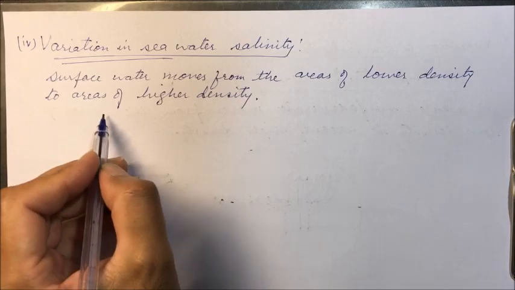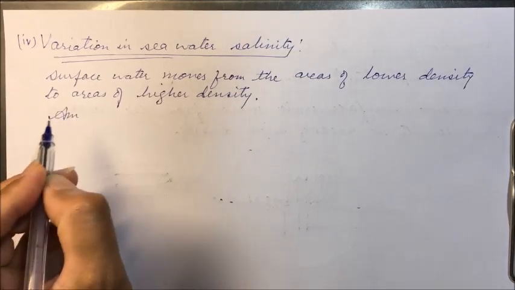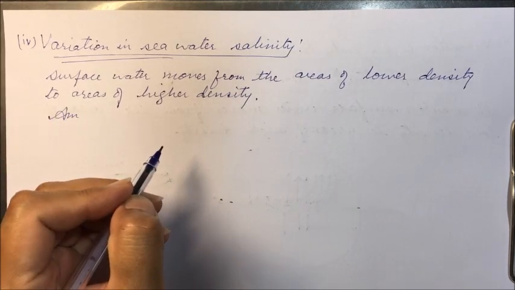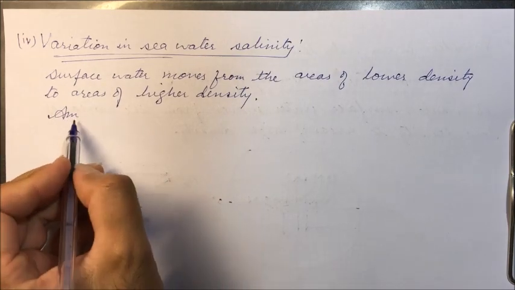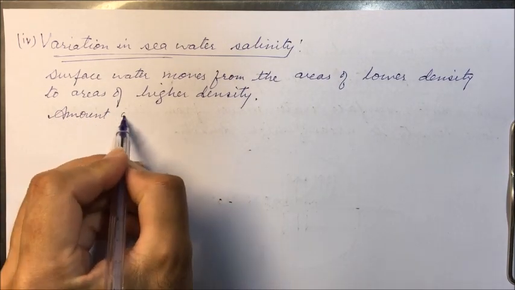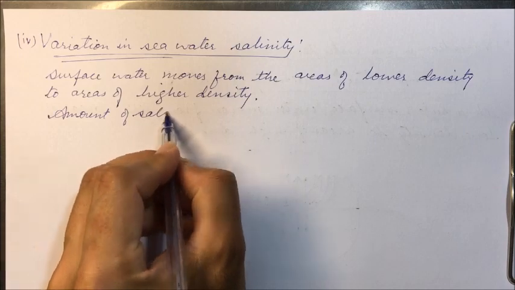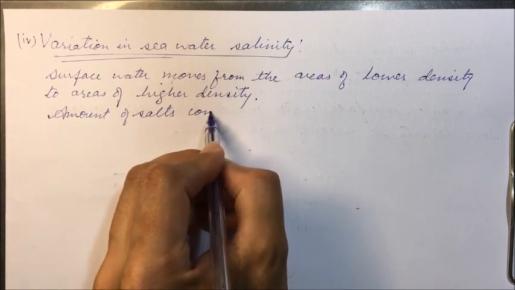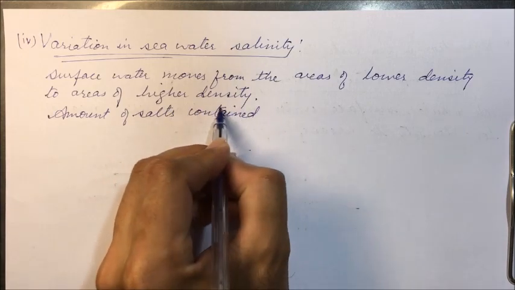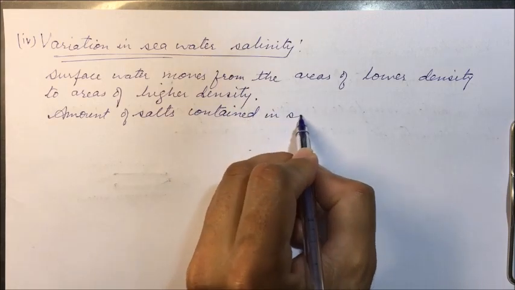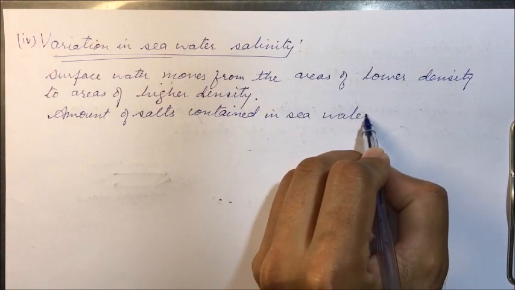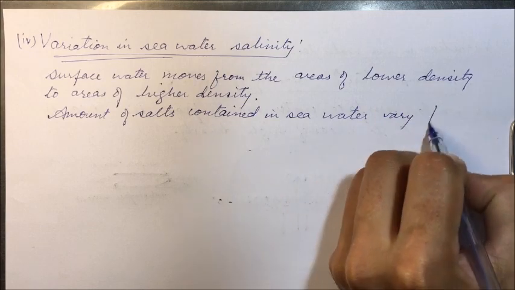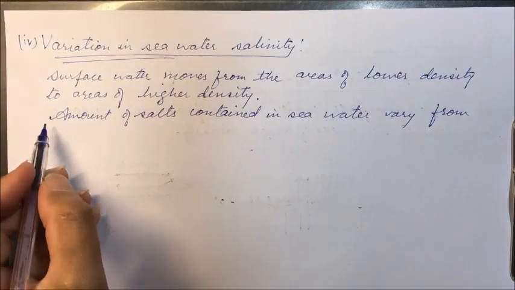As we know, the amount of salt in seawater varies from area to area, from one part of the ocean to the other part. So the amount of salts contained in seawater varies from one part to the other part of the ocean.